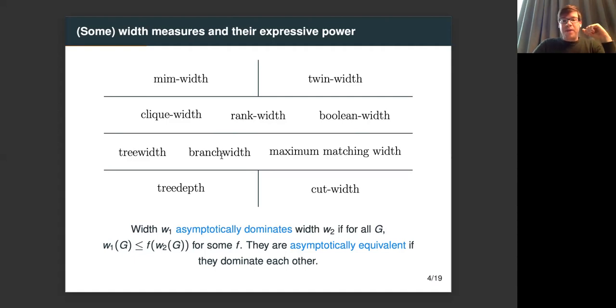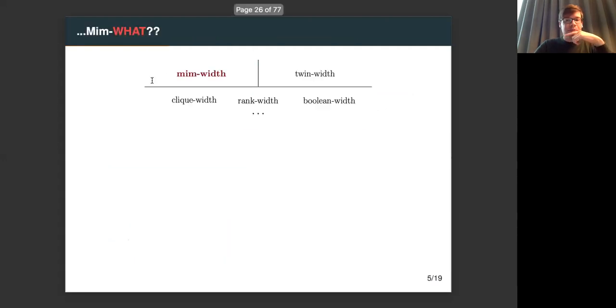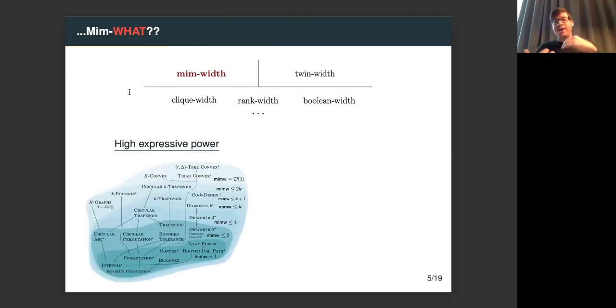Okay, so many of these width measures are probably known to people, but there is one up here that I want to motivate a little bit, which is mim-width, which is not so famous, I would say. As you can see, it's very high up in the hierarchy, at least in this picture. So it has very high expressive power.